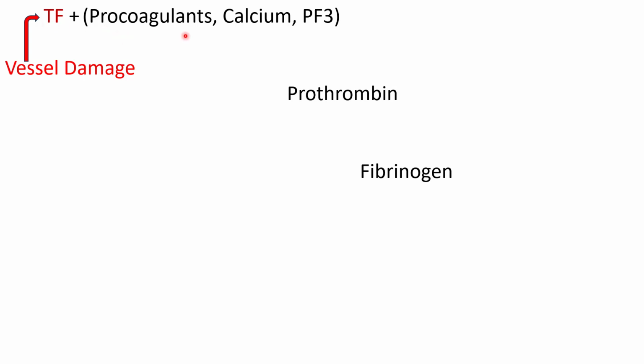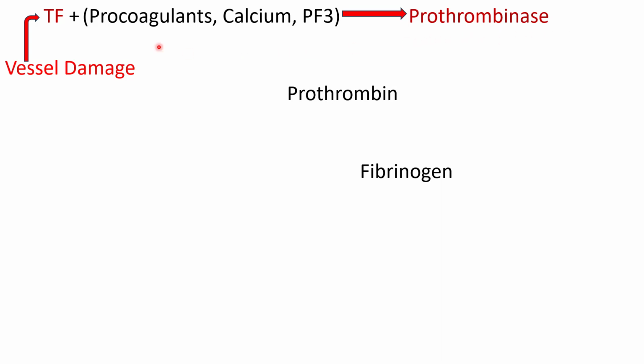Now, we said procoagulants, calcium, and platelet factor 3 are not really doing anything. But when tissue factor is present because of damaged tissue, the tissue factor interacts with the procoagulants, the calcium, and the PF3, and the result is something called prothrombinase being formed.